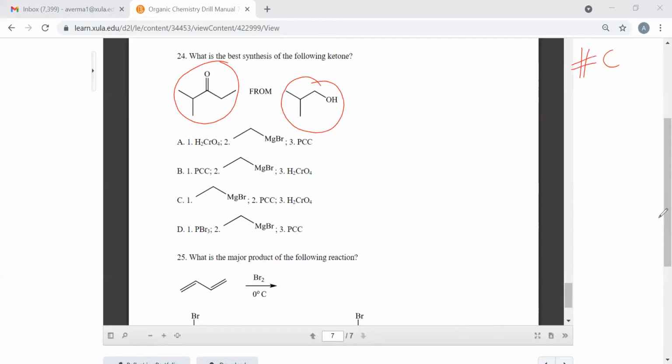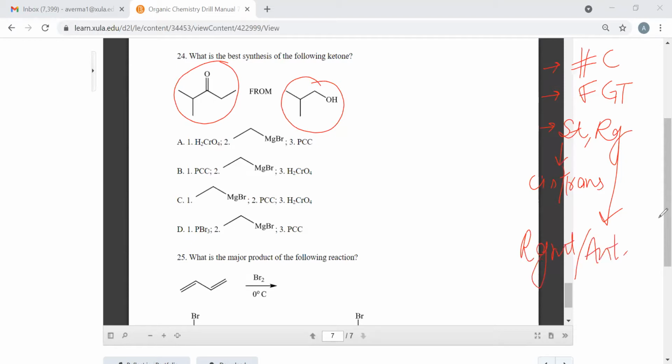You have to look at your number of carbons, your functional group transformations. Then you also have to think about your stereochemistry, your regiochemistry, if it is going to be cis or trans, if it is going to be rearranged, anti-Markovnikov or Markovnikov, and so on and so forth.